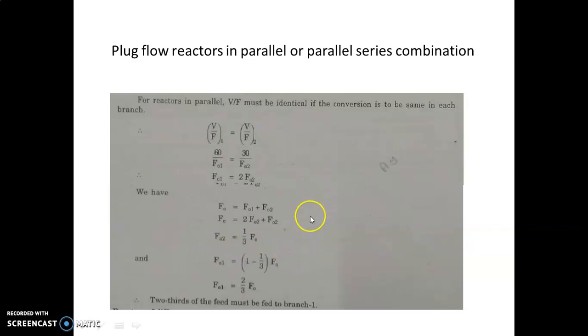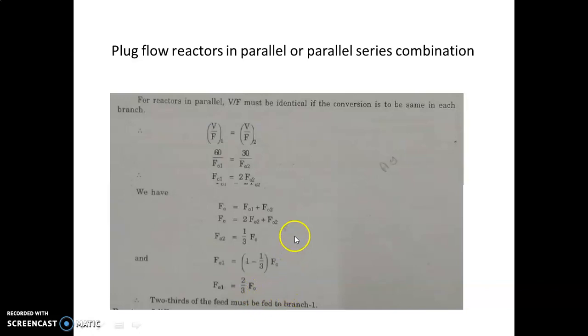And again we have to calculate the F01 value. So again we have to put this value here, and calculate F01. So if we solve this, we get F01 is equal to 2 by 3 F0.